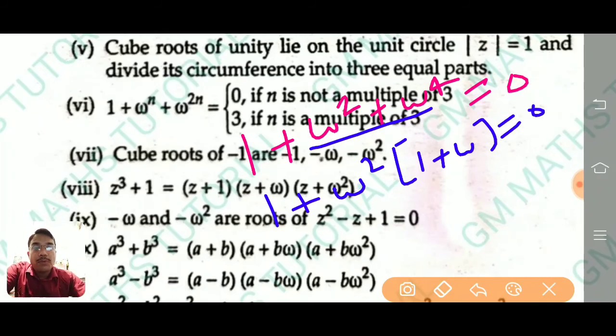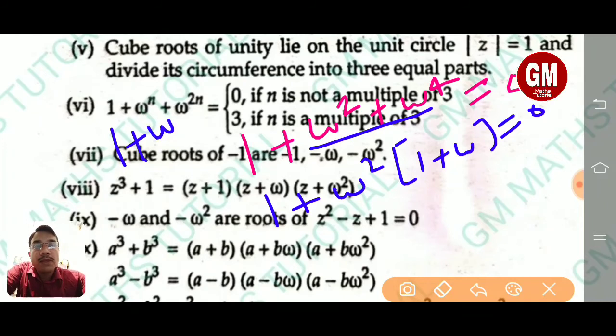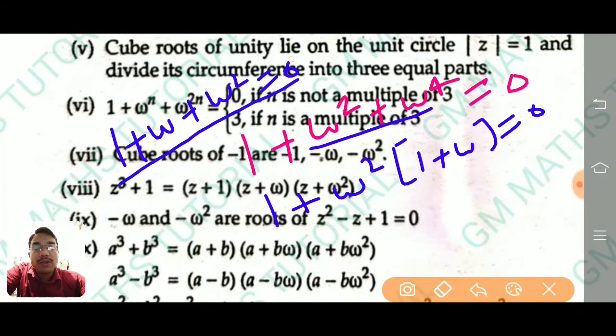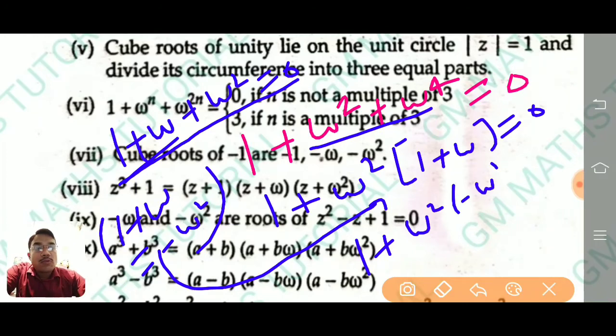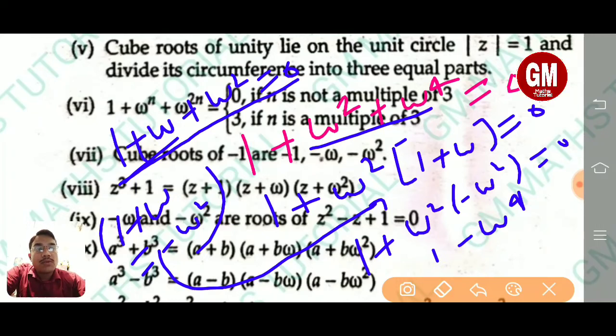And we know one property that 1 plus omega square is equal to 0, a property of the cube roots of unity. So 1 plus omega can be written as minus omega square. Putting this value in the equation, we get 1 plus omega square minus omega square is equal to 0. Clear?